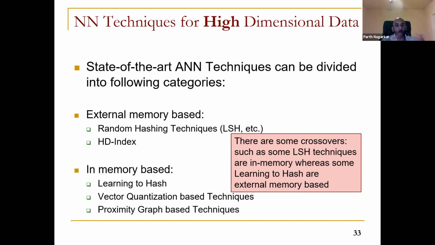Now I'm going to give brief ideas of these categories of techniques, and give the pros and cons of each, with the hope that by the end, if you are given these criteria for your application, you can say with a certain probability that you should be using data independent techniques like random hashing. Okay, ready. So let's begin.